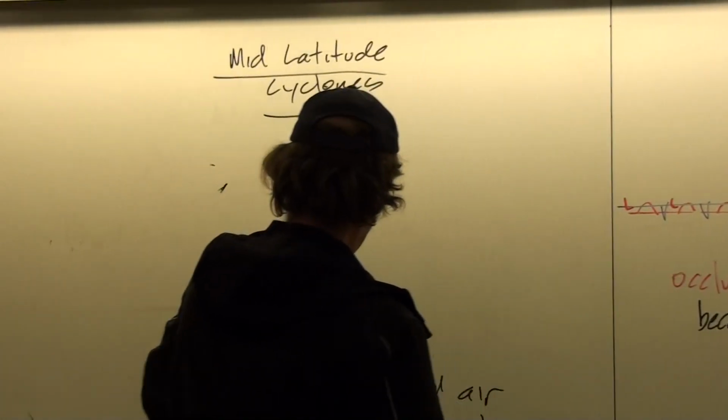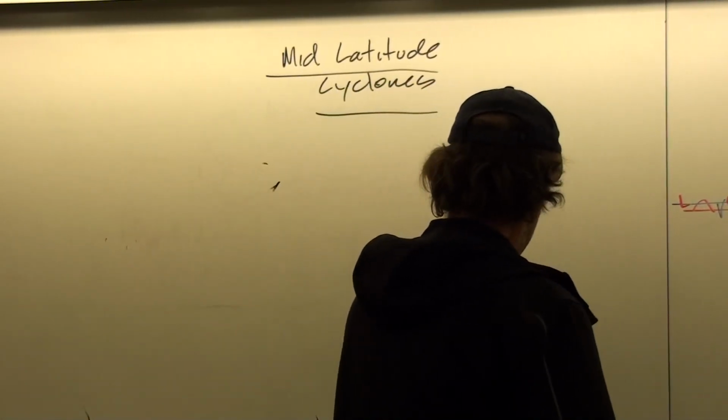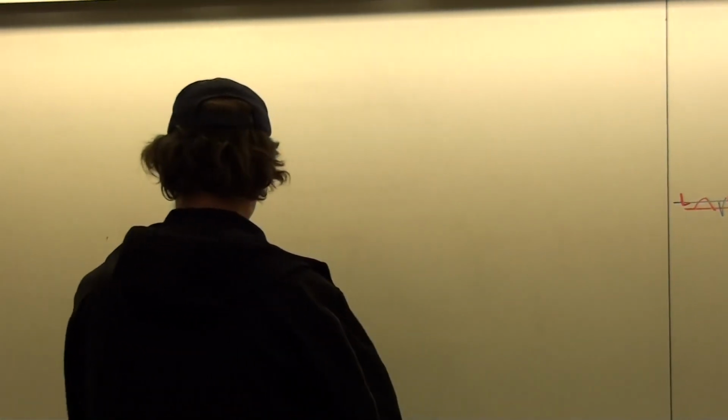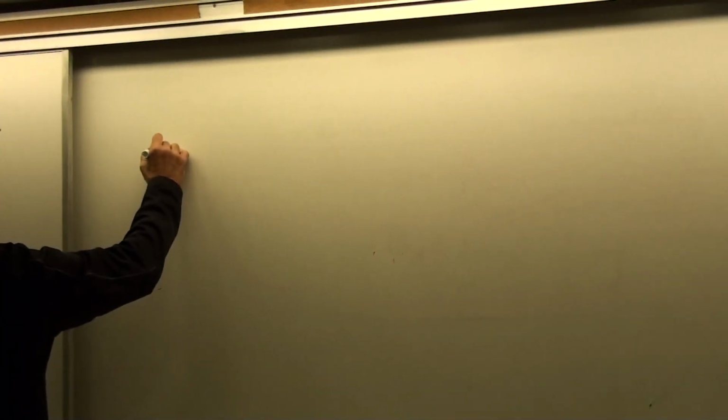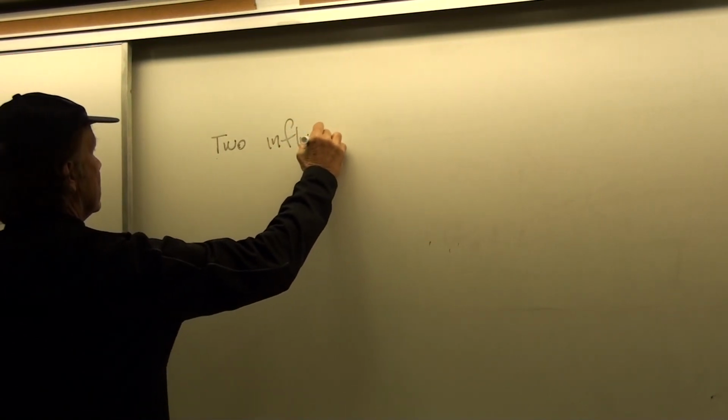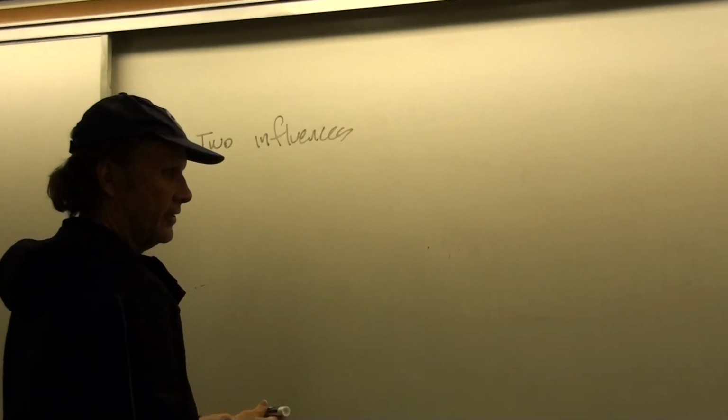So tornadoes are often found in these superstorms and come from the fact that you need two influences that are necessary for a tornado.